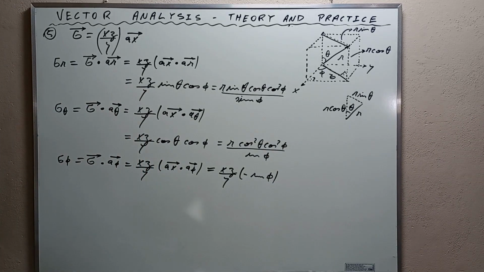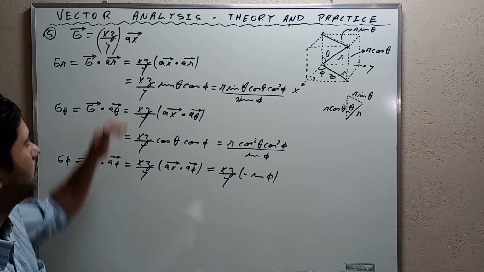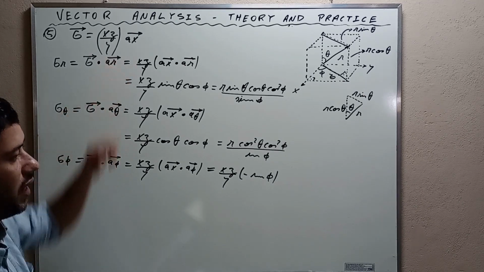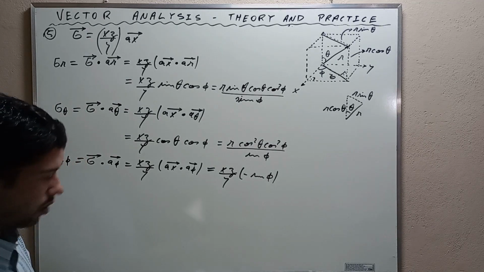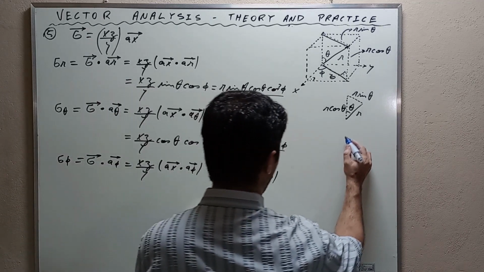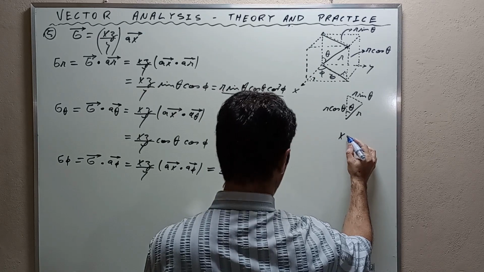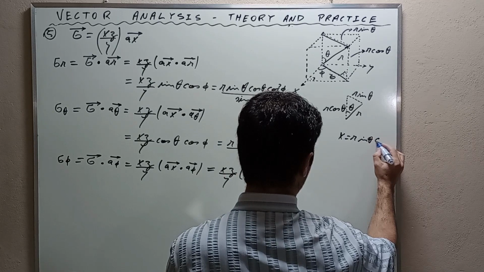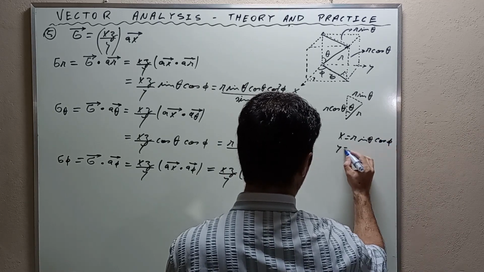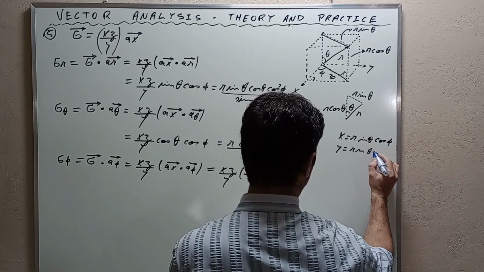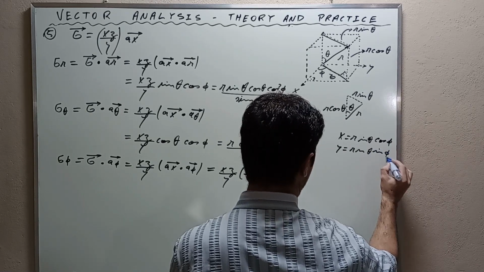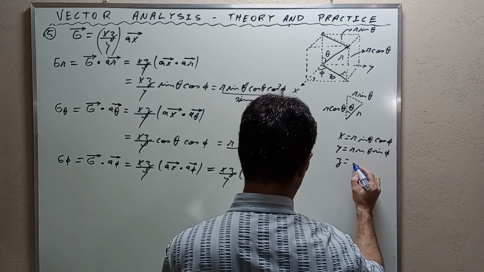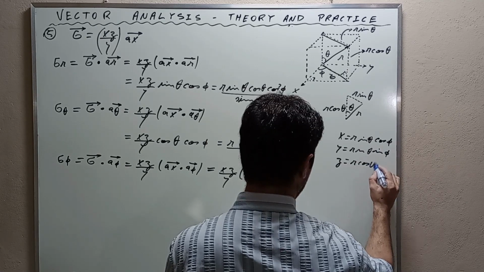And manipulating this, observing how we manipulate this, I'm going to give you a hint. Substitute x. We saw that x was equal to r sine theta cosine phi, y equal to r sine theta sine phi, and z equal to r cosine theta.